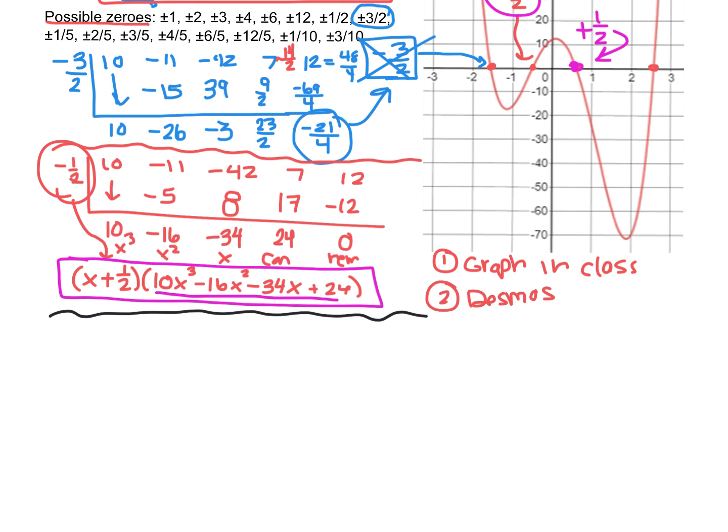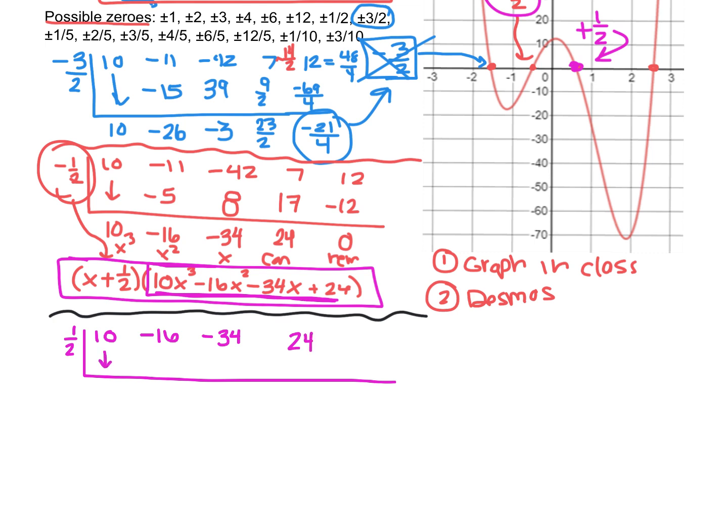So I'm going to test out that positive 1/2 using synthetic division. And again, I'm going to utilize this polynomial here that is left after my first synthetic division. So I have a positive 1/2 this time, and then I have 10, negative 16, negative 34, and 24.